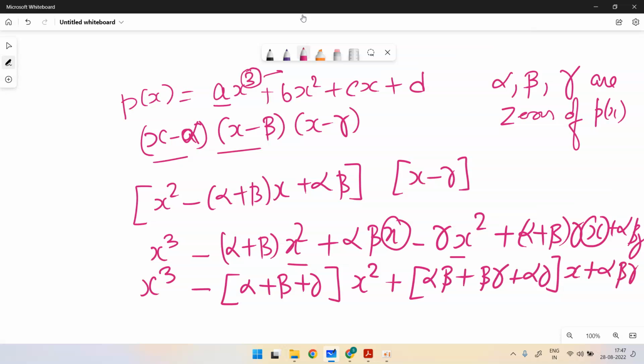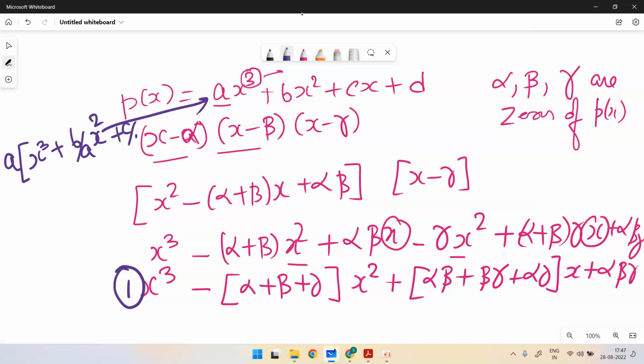Now you can write the polynomial as a x cube plus b x square plus c x plus d. Since the coefficient here is 1, you need to take a common out: x cube plus b by a x square plus c by a x plus d by a.